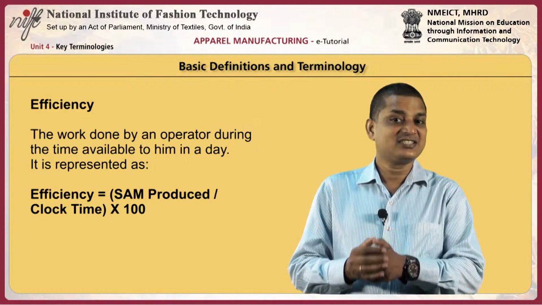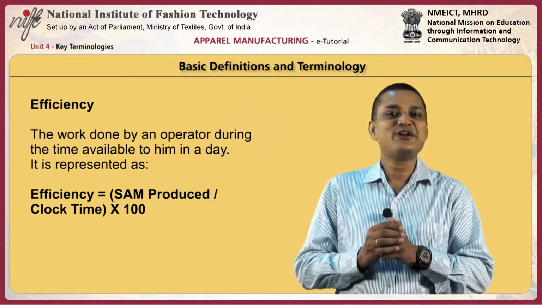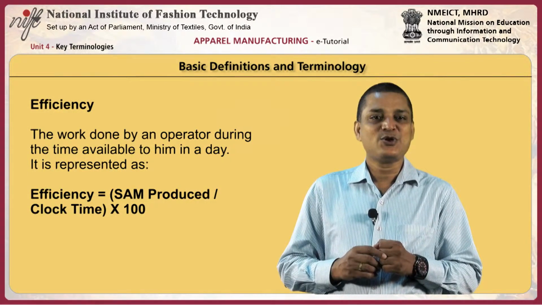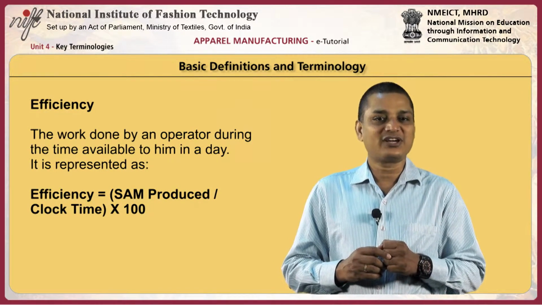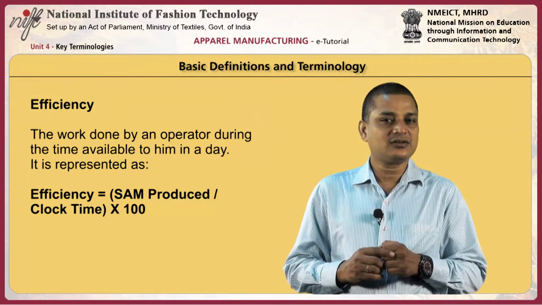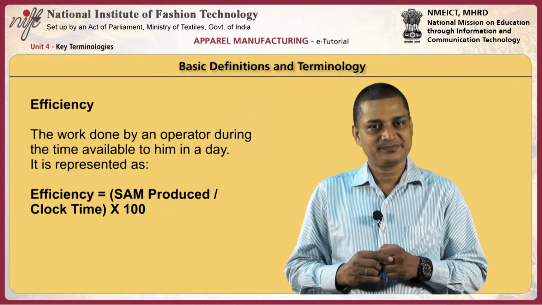Performance is equal to standard allowed minute produced divided by on standard time, multiplied by 100. A tool used to determine the time percentage during which the operator worked in a day is represented as utilization. Utilization is equal to on standard time divided by clock time, multiplied by 100.